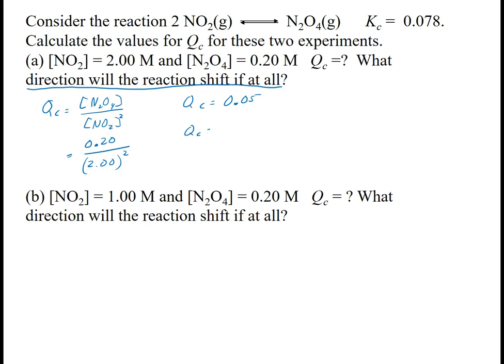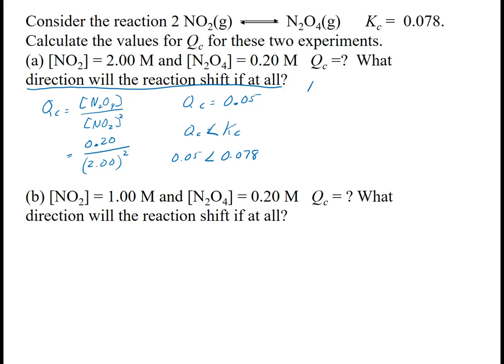QC then is less than KC, which means that the 0.05 is a smaller number than this 0.078. Now, you can memorize the left and right if you want to, but I look at it this way. I need this number, the QC, to become a larger number in order for it to equal 0.078. So would I want to make my numerator larger or my denominator smaller?